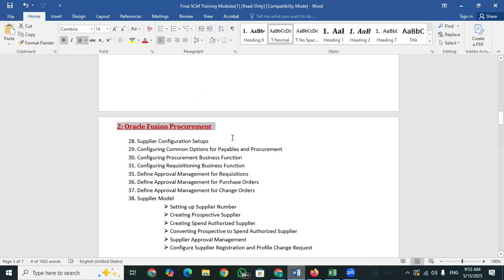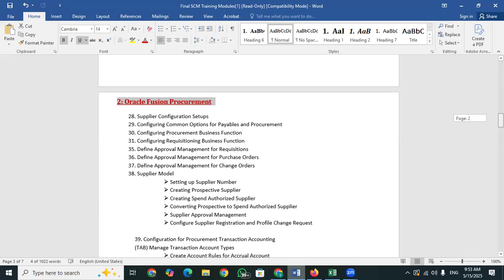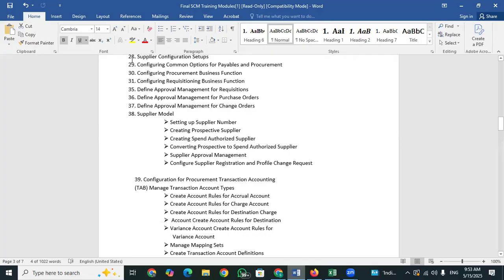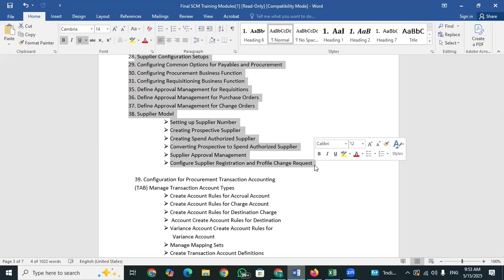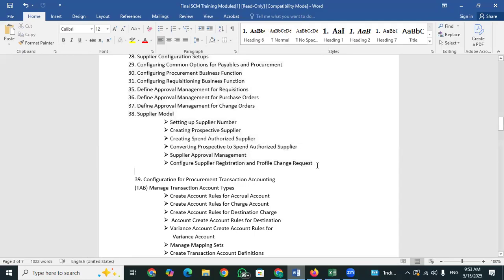So the purchasing related activities are coming from the procurement side. Here, first is purchasing, where we purchase at supplier level. In suppliers we have supplier configuration, supplier approvals, supplier types, procurement requisition functionalities, business functionality. All this will come into the procurement initial topic.